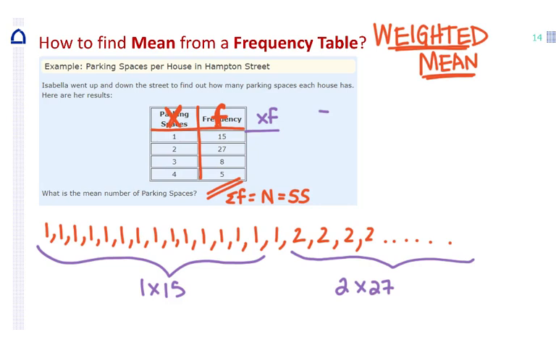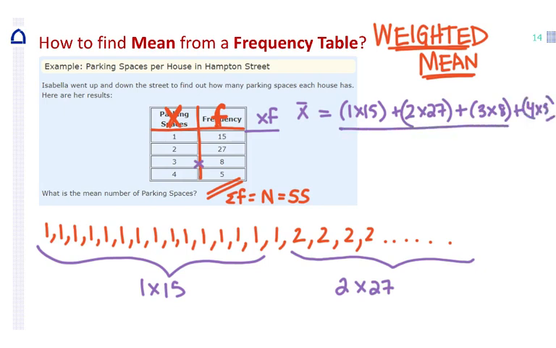Let me write it here where I have space. The mean in this case would be 1 times 15 plus 2 times 27 plus 3 times 8 plus 4 times 5.